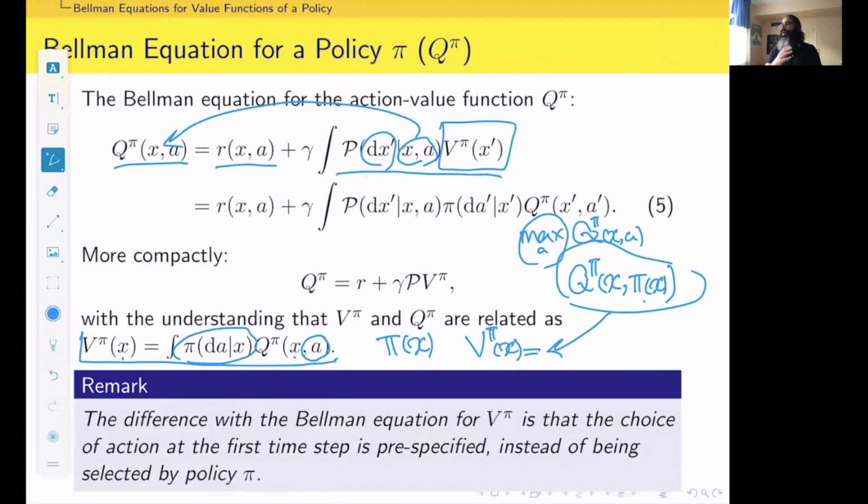We have it for v of pi and q of pi. What about the Bellman equation for optimal value functions? Do we have a similar recursive structure or not? That's what I'm going to talk about next.